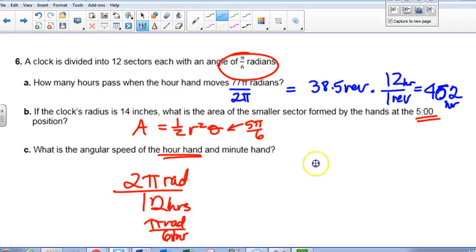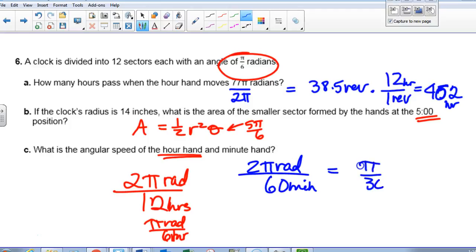What does the minute hand do, though? The minute hand goes around 1 revolution every what? 60 minutes, or you could do it in hours, 1 hour, but this would be pi over 30 radians per minute, or it's actually just 2 pi radians per hour. What else?